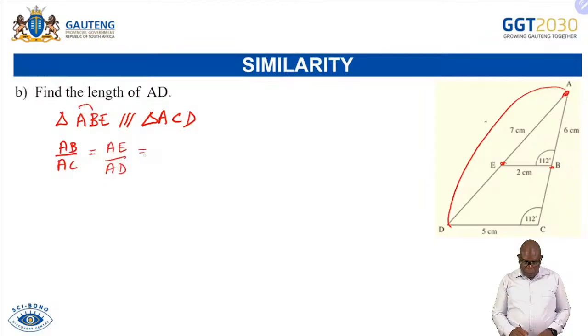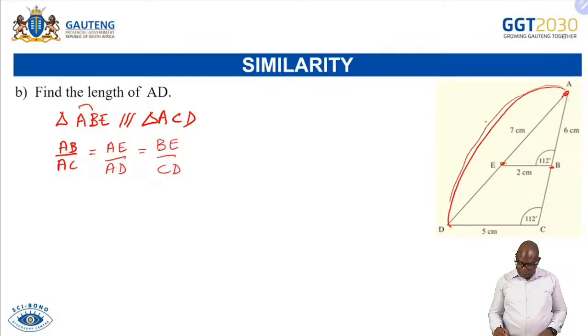That will also be equal to BE over CD. There's no length that I'm looking for in these ratios here. But I know that if I'm looking for AD, I can use this ratio here over that.